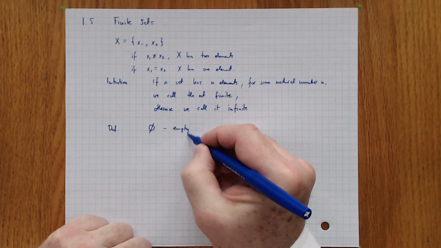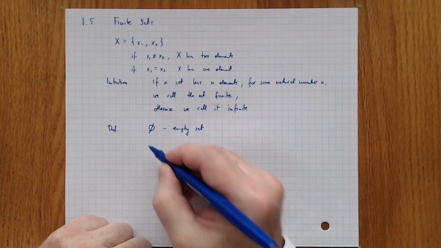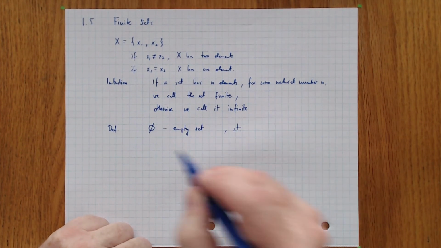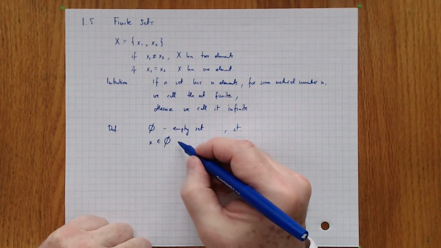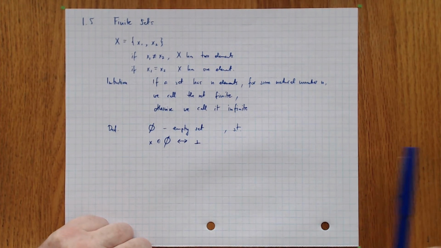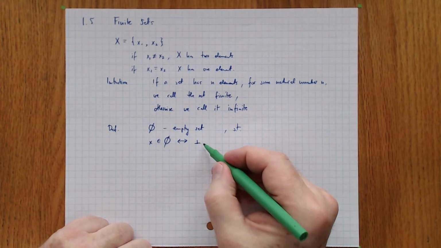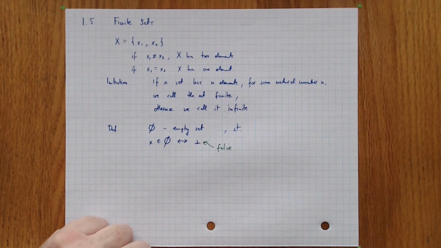This symbol will denote the empty set, and it is defined by the condition such that x is a member of the empty set if and only if false. The symbol I'm using here is the logical symbol for falsehood. So nothing belongs to the empty set.